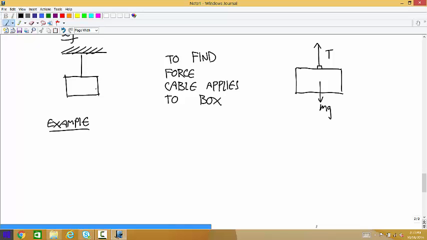Okay, so let's do an example like this one. So let's say there's a hook connected to the ceiling, and a cable is attached to the hook, and a 10-kilogram object is hanging from the cable.